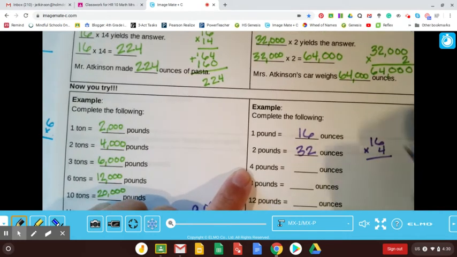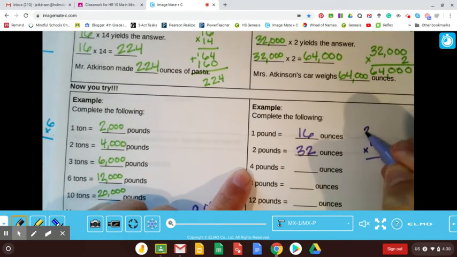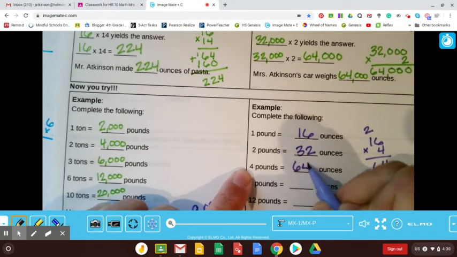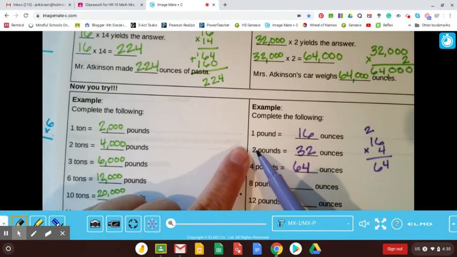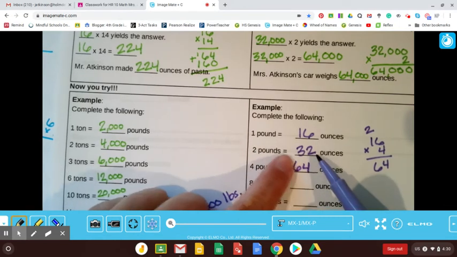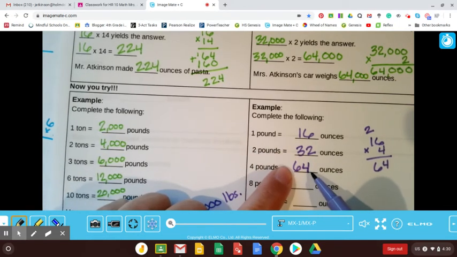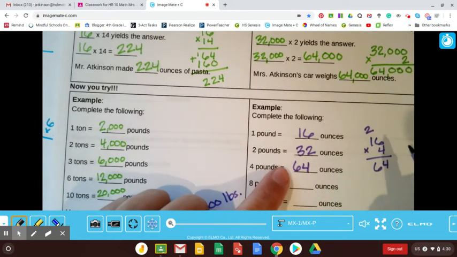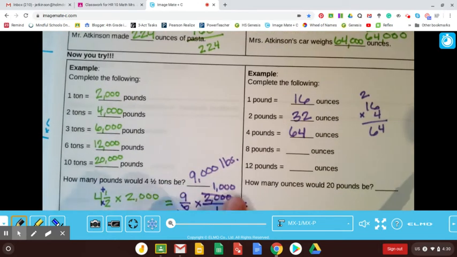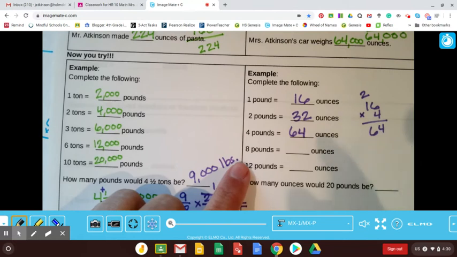And if we do 4 times 16, 4 times 6 is 24. 4 times 1 plus 2 is 6. So that'd be 64 ounces. And you can see I doubled. 2 times 2 would be 4. So 32 times 2 would be 64. So I might not have needed to work that out the long way if you can see the pattern.